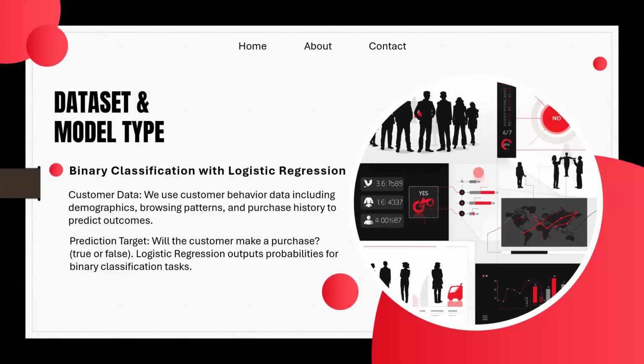So like I was saying, we're going to build a binary classification model. And basically, when you say classification, you're trying to classify if an observation, for instance, falls into category A or category B, right? And for our use case, we're trying to see if this customer is either going to make a purchase or is not, right?